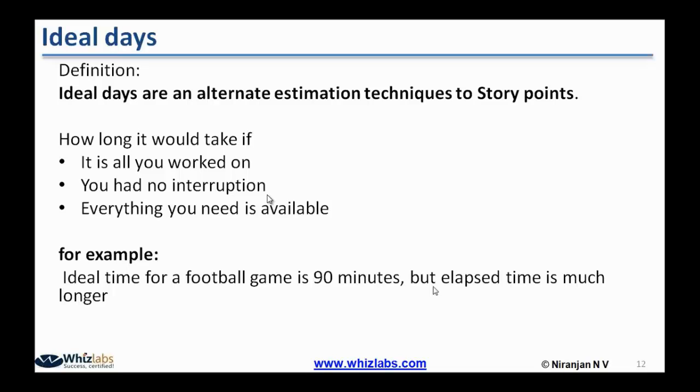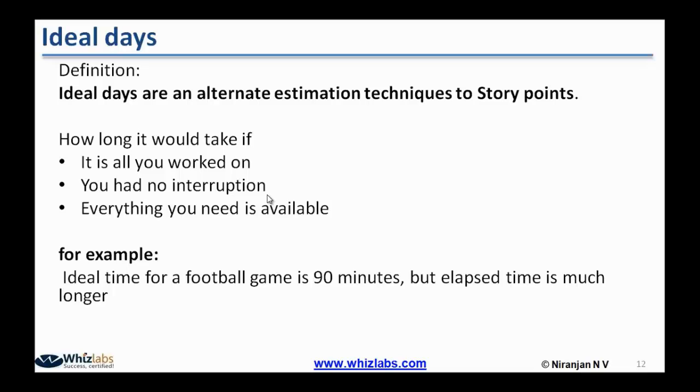The elapsed time always takes more than the standard 90 minutes because there will be some delays in the soccer game. A player will get injured, or let's say it starts raining, so the play gets suspended temporarily because of certain delays. When we calculate the elapsed time, it takes more than the ideal time.